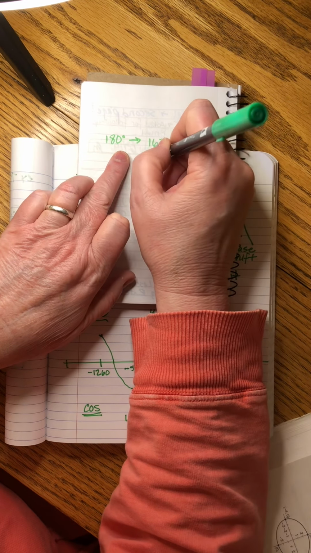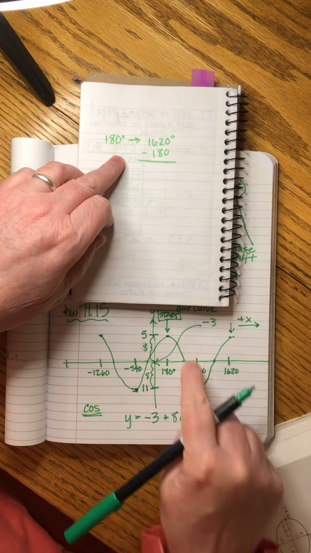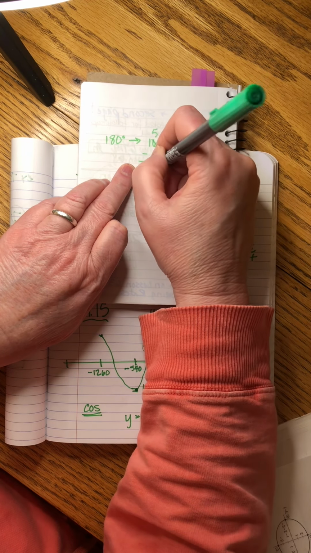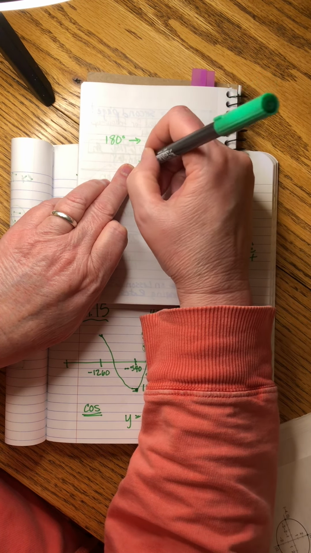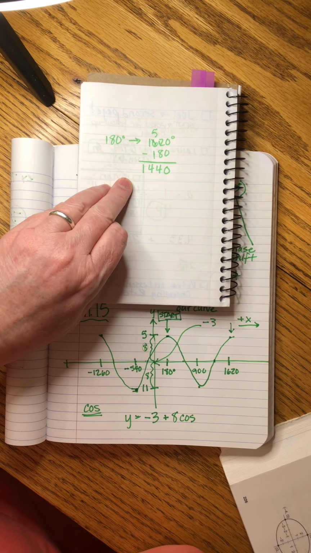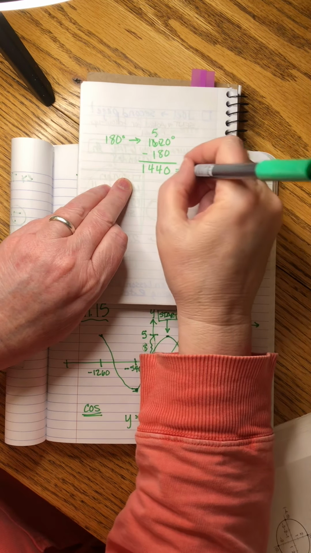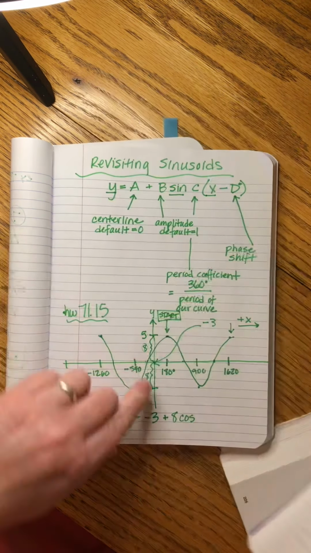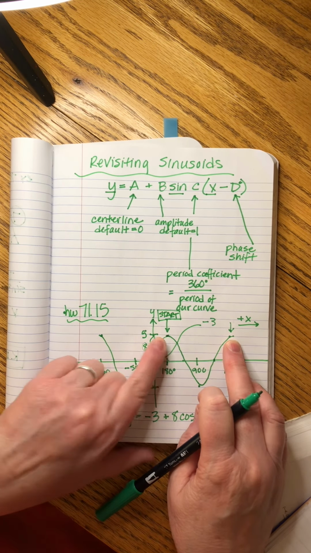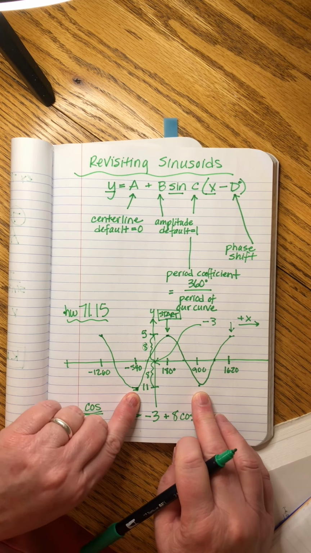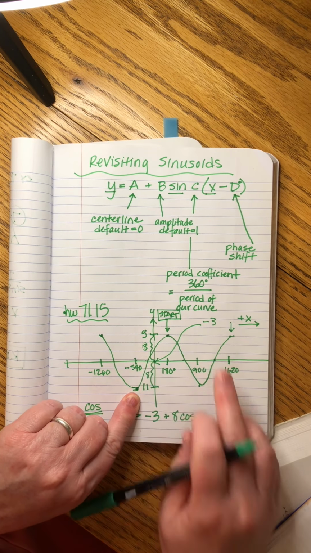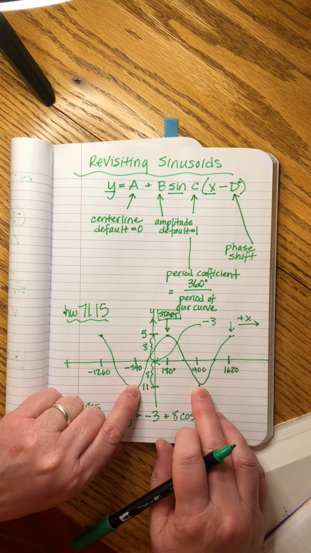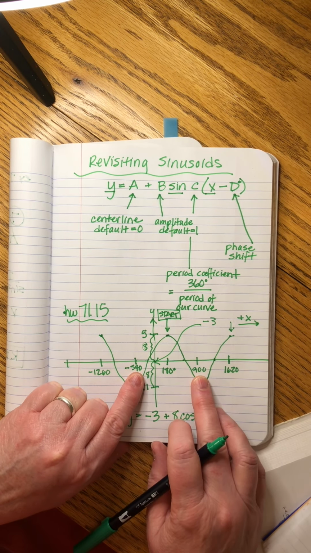So we subtract to find out how many degrees it takes to go from beginning to end. 1,440 degrees equals our period, right, of our graph here. That's from one starting point to another starting point. You can measure it if you want from a low point or the crossing point. And look, that works out really well because if we do it at the low point, it's -540 and +900. So we would add those and look, we get 1440 again.